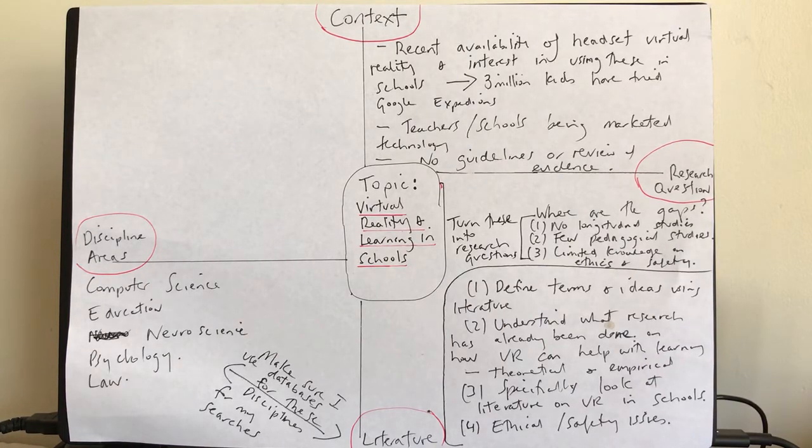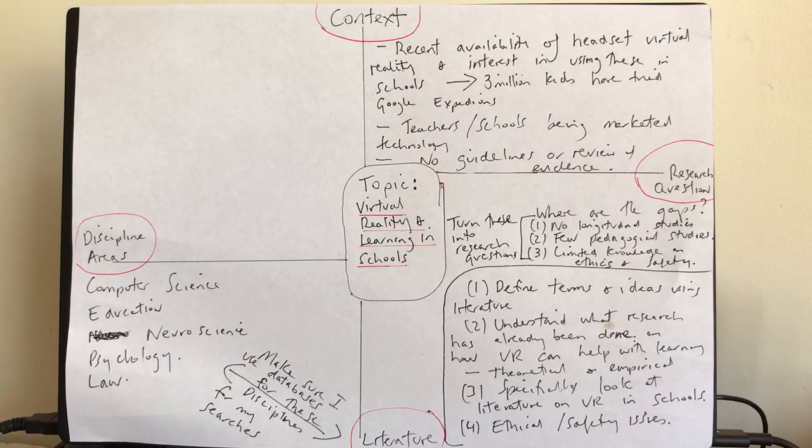So I could take any one of those gaps and turn them into a research question that I could explore for a study. So it might be, what are the effects of immersion, or being in the headset, over time or longitudinally for young people or for students in secondary schools, for instance.